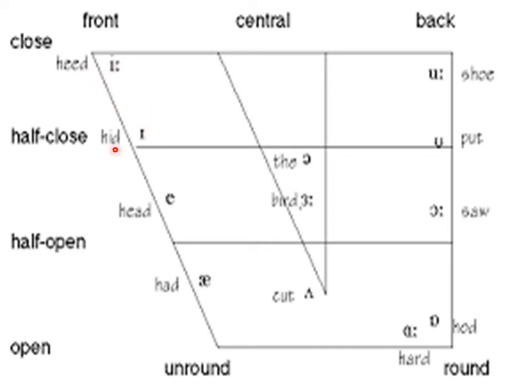But the next is half close. The distance is more here from the roof of the mouth. And then half open. It is in half open position. This is open, away from the roof of the mouth. This is close, half close. Between close and open position, we have half close and half open positions.